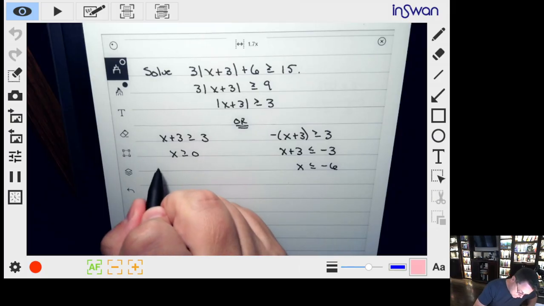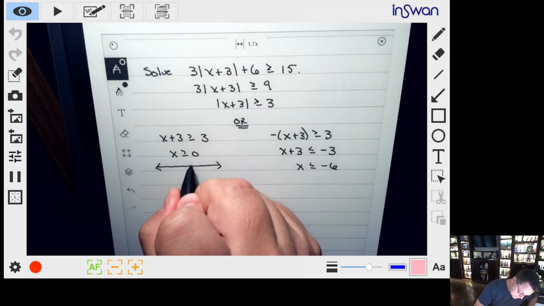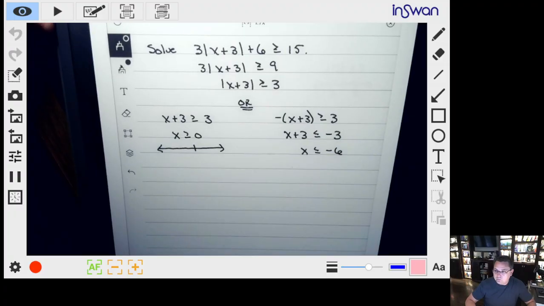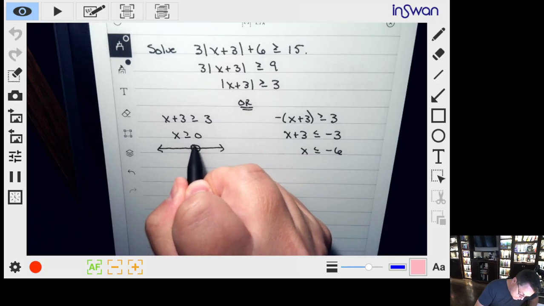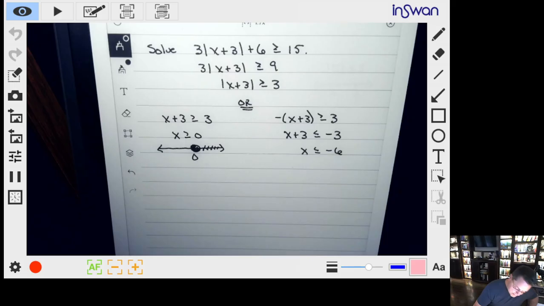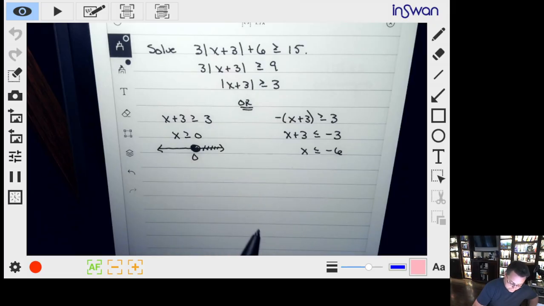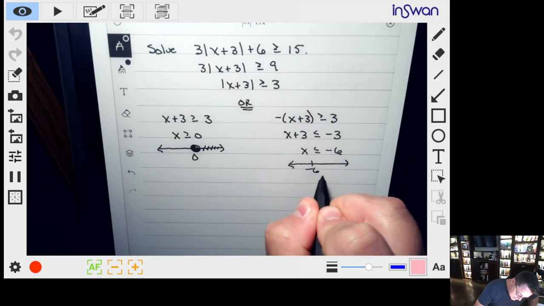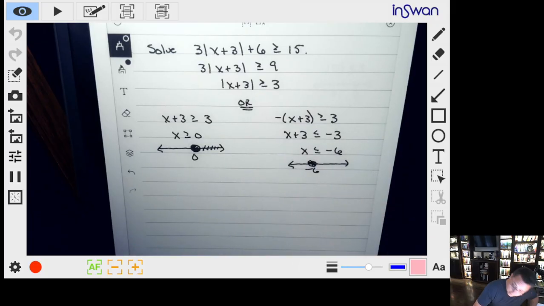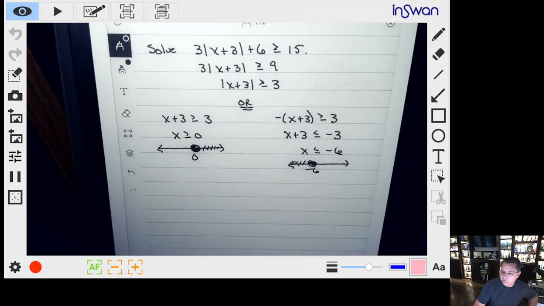Okay, so let's plot those both out. So x is greater than or equal to 0. Well, that would look like the following. We'd have 0, with a closed circle there, because we're including it, and everything larger than that, because we open up towards our variable. This one here, I'd have negative 6, again a closed circle, and I want everything that is to the left of that, and that's all of these right here.